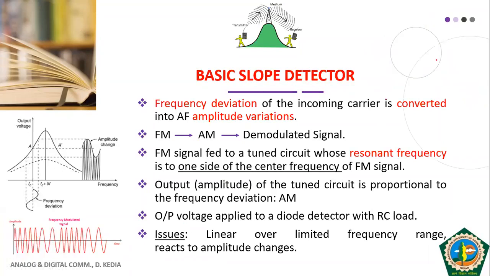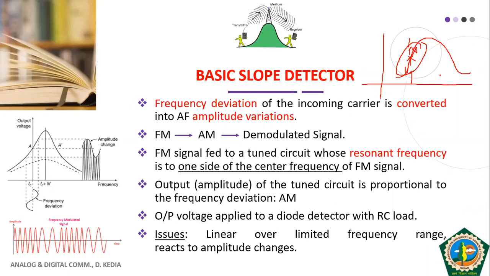Let me redraw the figure so that you can understand this clearly. So this is our slope. If I take this portion of this slope and I keep one midpoint, then on either side of this midpoint, if I go towards the left hand side, my slope is coming down, and on the right side, my slope is increasing.